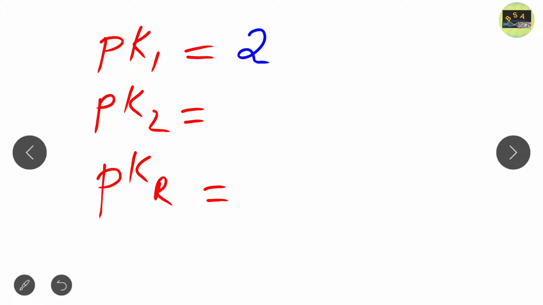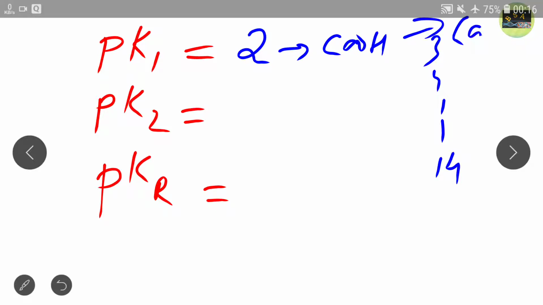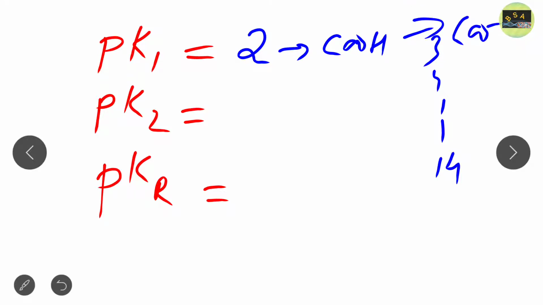Above 2, that is if we go 3, 4, 5 up to 14, it becomes COOH to COO minus. I already discussed all these things. When you go above 2, that is from 3 to 14, the H of COOH is removed and it becomes deprotonated and becomes COO minus.